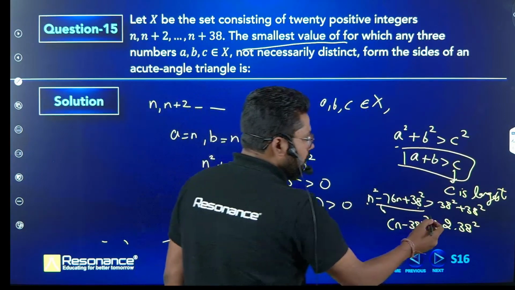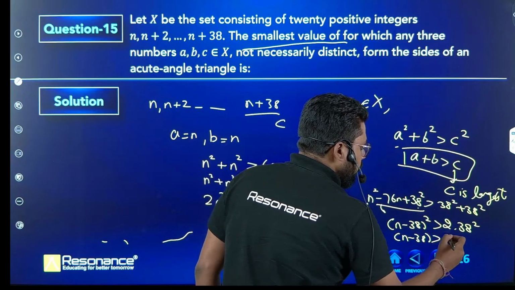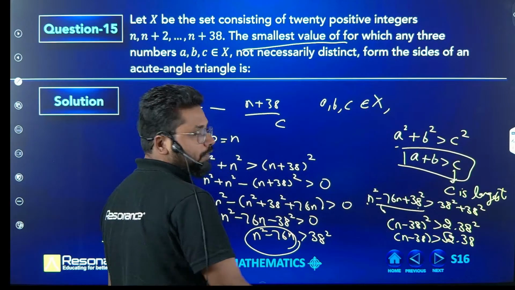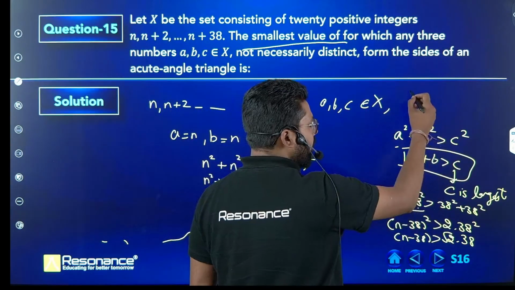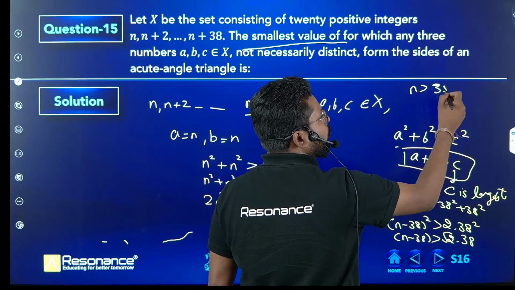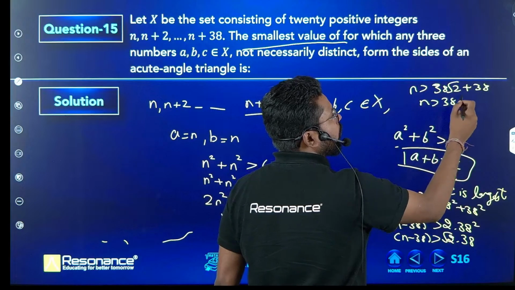If you take the square root on the right side, n minus 38 should be greater than root 2 times 38. If we transpose 38 to the right side, n should be greater than 38 root 2 plus 38, or n should be greater than 38 common, root 2 plus 1.